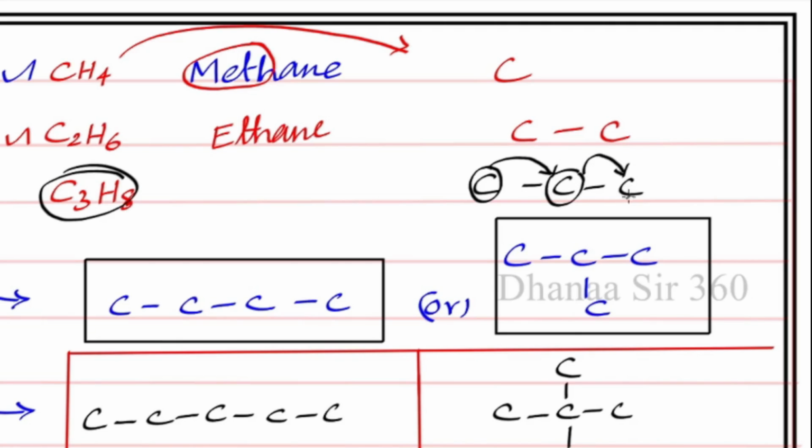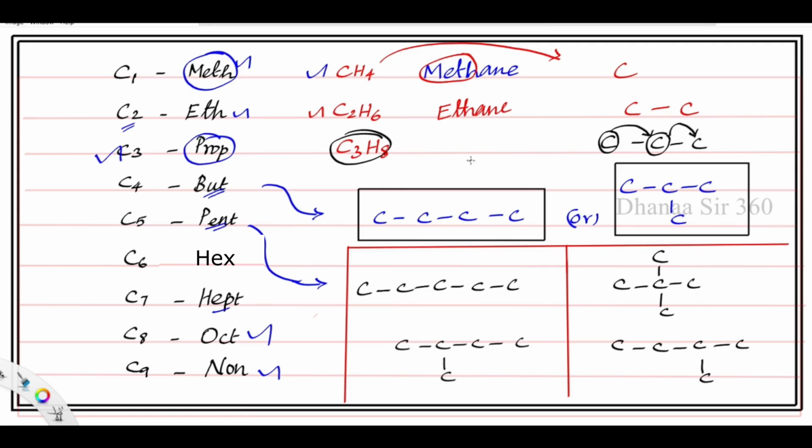So this is known as a continuous chain or parent hydrocarbon. So we have the root word prop, and since the carbons are connected only through single bonds, we add the suffix ane. I already told how to select ane as a suffix.